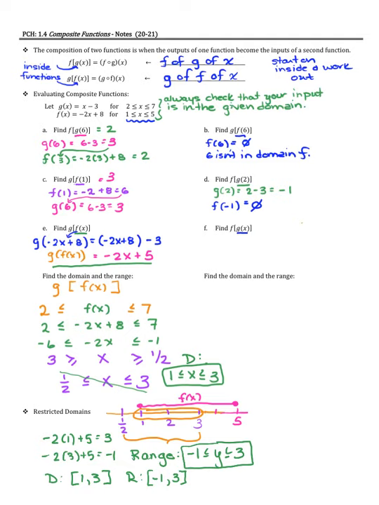So this is going to be f of x minus 3. And so that means I'm going to be taking negative 2 times something plus 8. x minus 3 is going to go in there. And then we simplify. So that's going to give me negative 2x plus 6 plus 8. So our composite function is negative 2x plus 14.